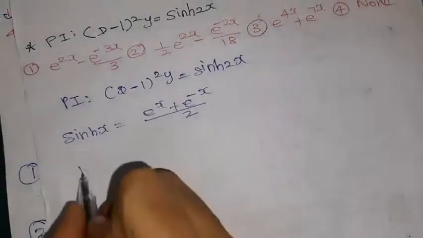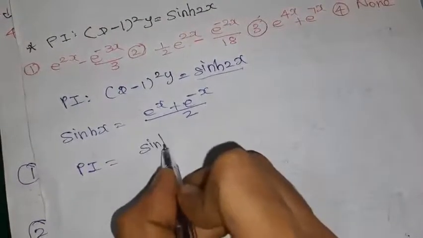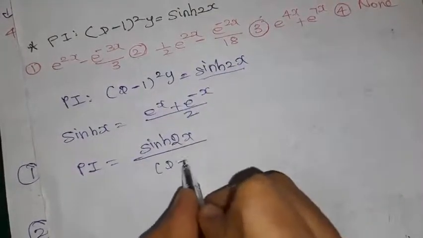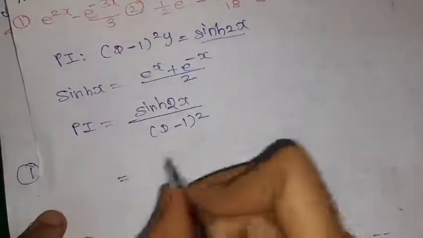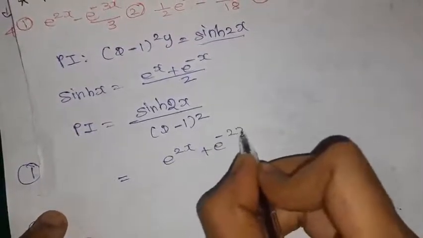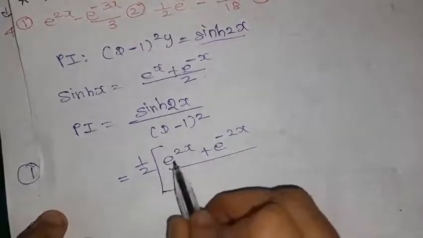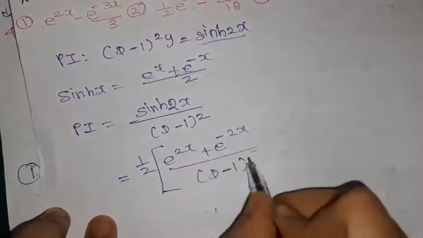Similarly, the particular integral is nothing but the right-hand side, sinh 2x, divided by f of D, (D minus 1) whole square. So sinh 2x is (e power 2x minus e power minus 2x) divided by 2, so 1 by 2 into (e power 2x minus e power minus 2x) divided by (D minus 1) whole square.